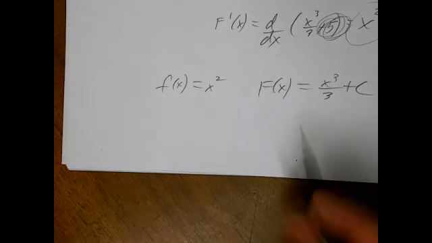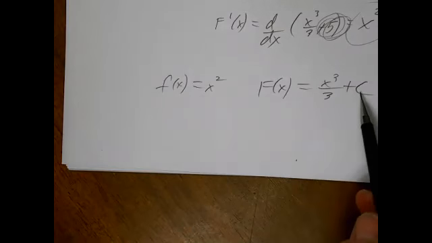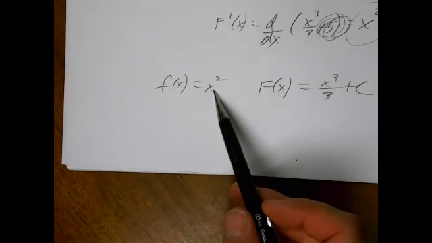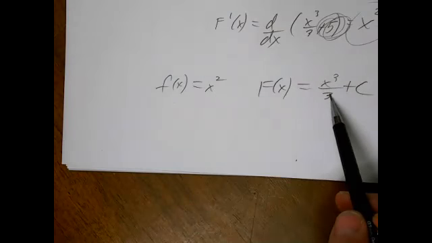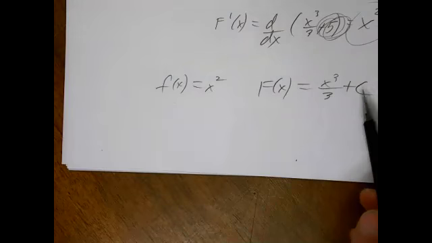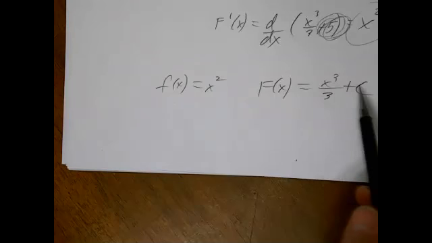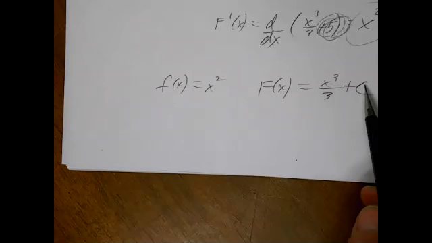And again, what the constant is telling you is that all antiderivatives of x squared are of the form x cubed over 3 plus some kind of a constant. And the constant can literally be anything, but it is the fact that they all differ by nothing more than a constant.